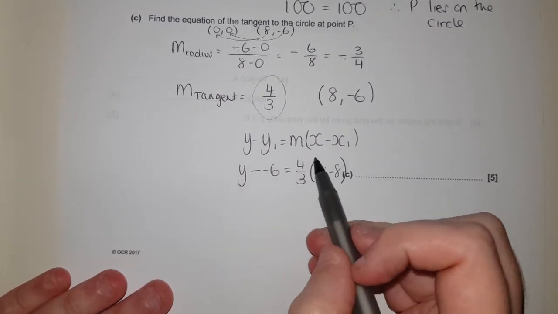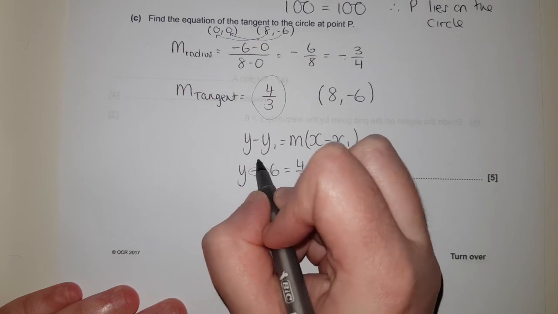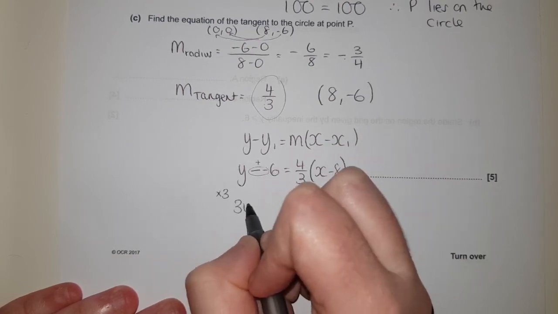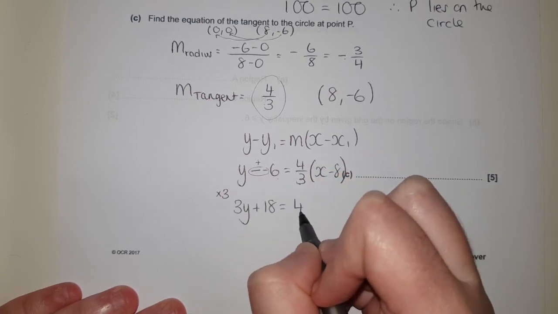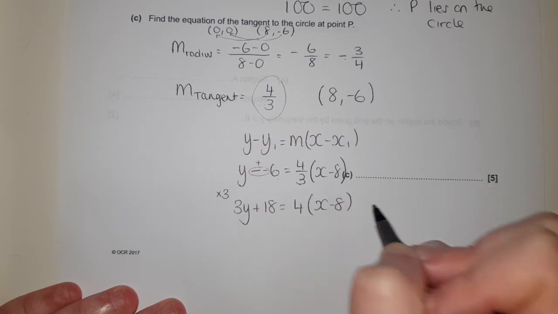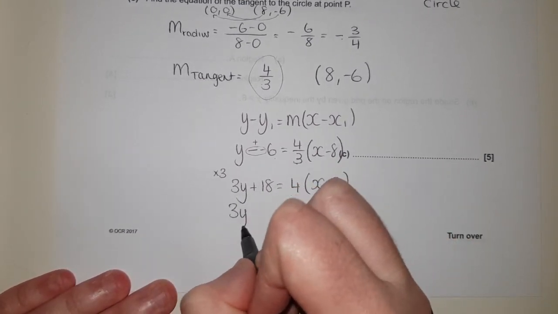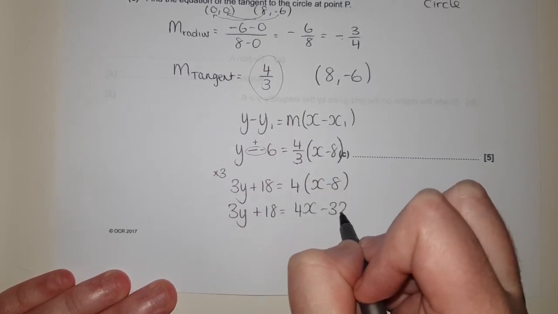Again, I don't want to deal with fractions. So the first thing I'm going to do is put these two minuses to make a plus, but I'm then going to multiply by 3. So I get 3y. We know this is a positive 6, so it's now going to become plus 18. And I've still got 4 outside the brackets. All we're doing at this point is tidying it up. So if I expand the brackets, I get 4x minus 32.